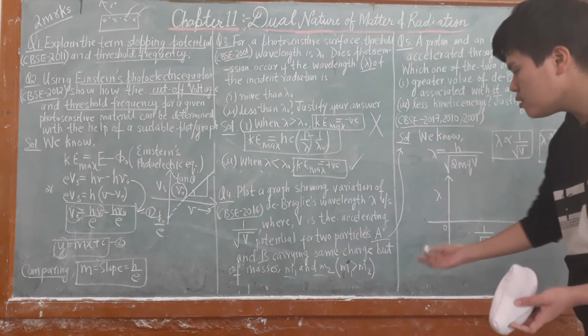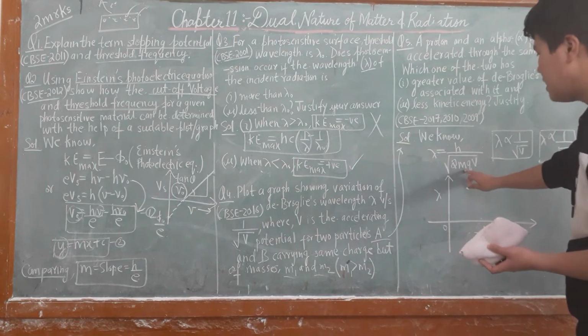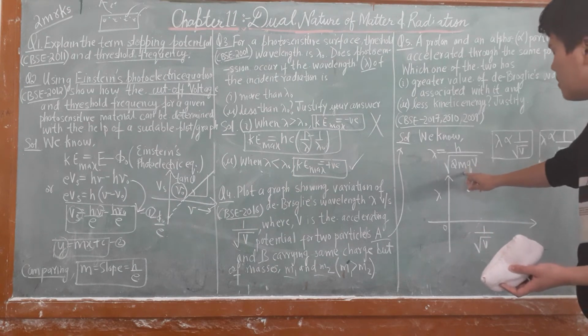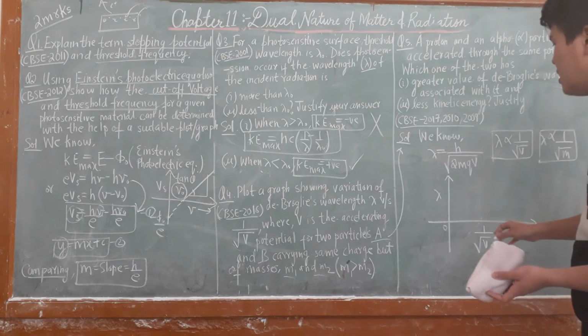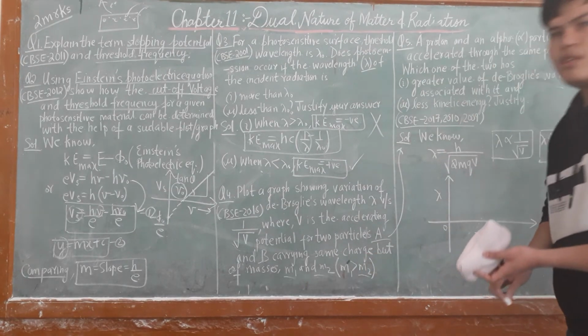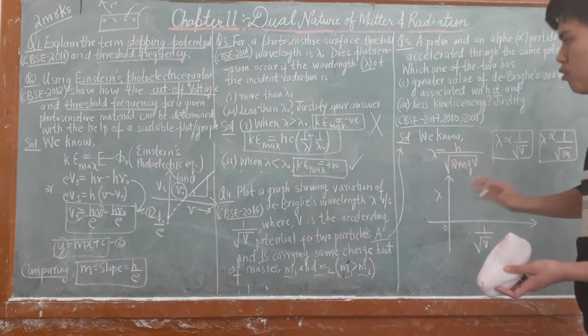Between m1 and m2, m2 has lesser mass. So for m2 the lambda value is higher, so for m2 the slope is higher and for m1 the slope is lower.